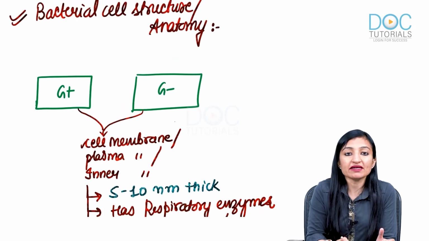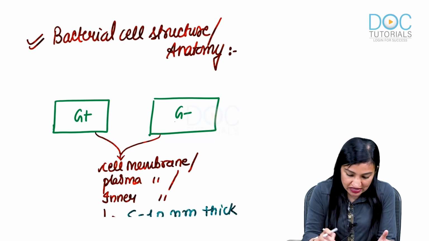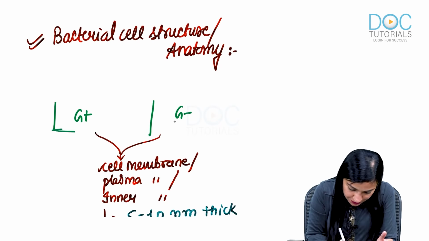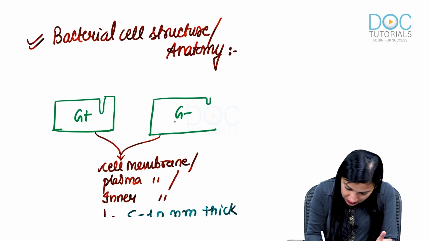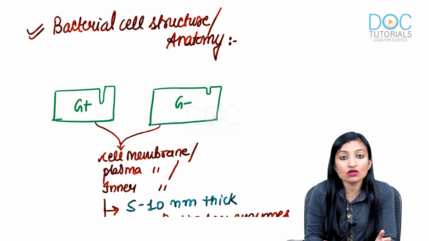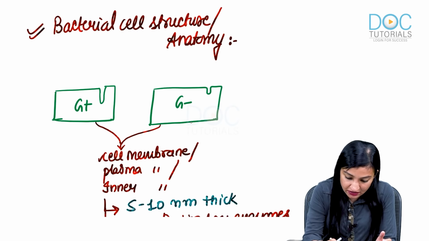Alright, so now let me come back to these two green squares and let me modify the diagram a little bit. Now what have I done, guys? I have drawn some invaginations of the cell membrane.